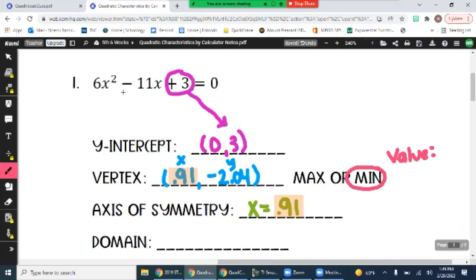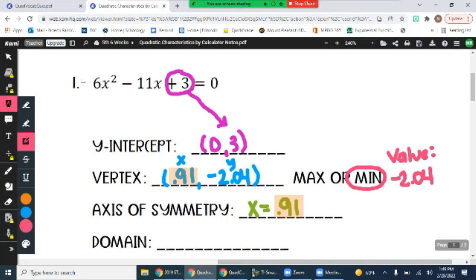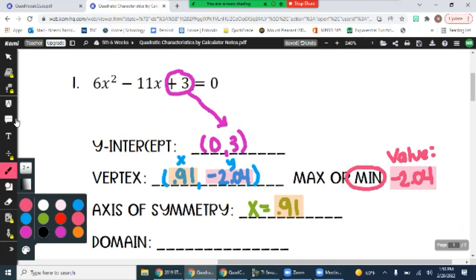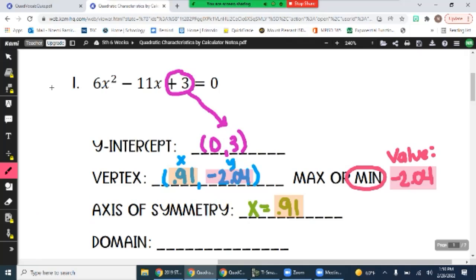You can't put the whole ordered pair. The minimum value is which one? Negative 2.04. That goes along with the y value of the vertex. Those two should match up. The y value of the vertex.